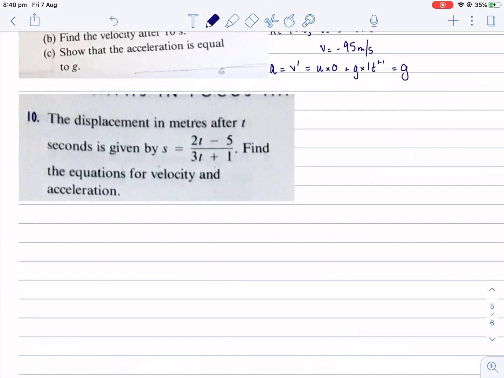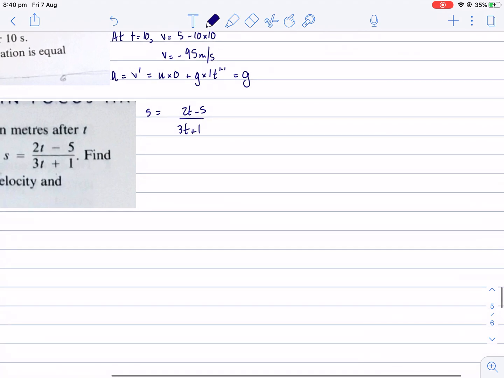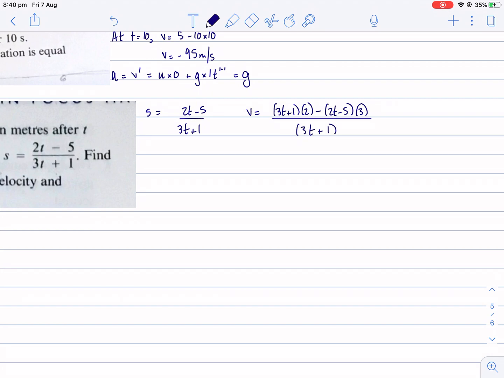Okay, so we've got s equals (2t - 5) over (3t + 1). We're going to have to use the quotient rule for v. So we've got (3t + 1) times 2 minus (2t - 5) times 3, over (3t + 1) squared.